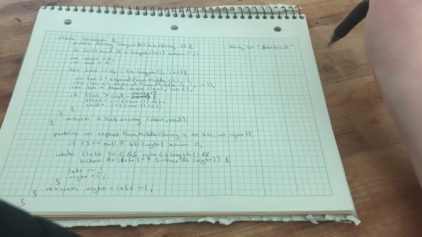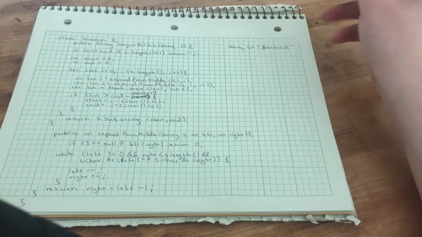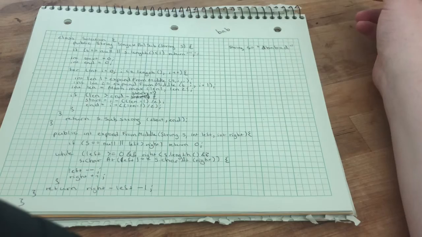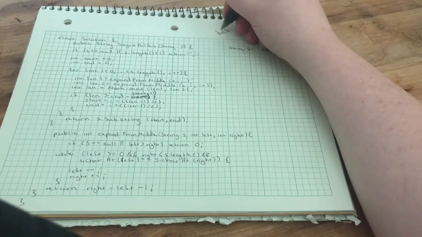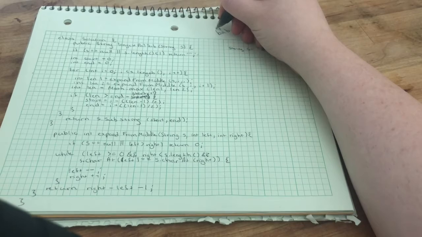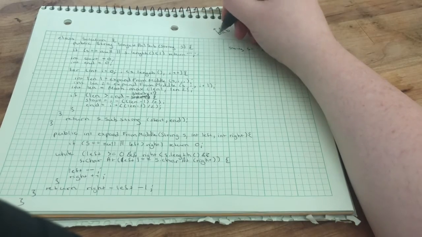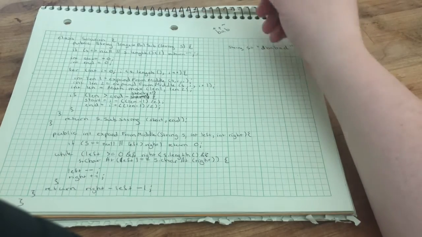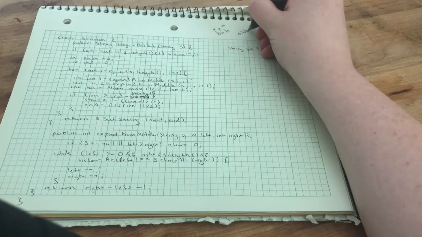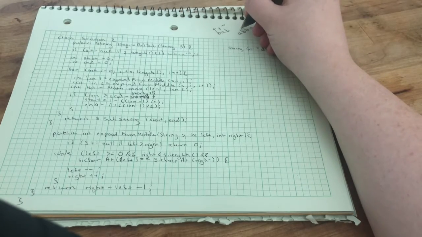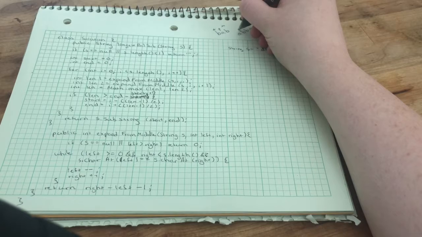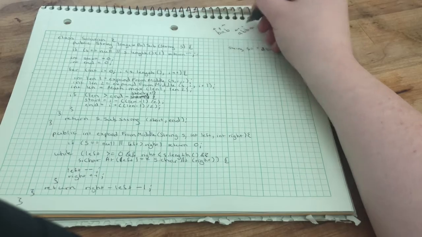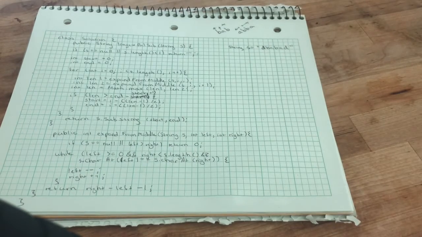There are two cases: we can have a palindrome with an odd length. In this case, we'd be looking at A and then going to each side and seeing if they match up, and that would be a palindrome. We can also have it be even, and in this case we would be starting with 2 pointers on either side and checking that they're equal and then going out. That would also be a palindrome.